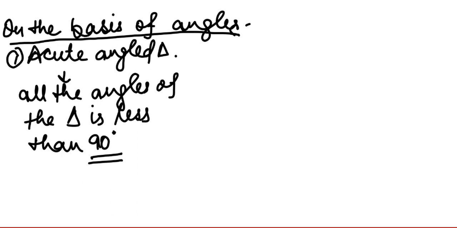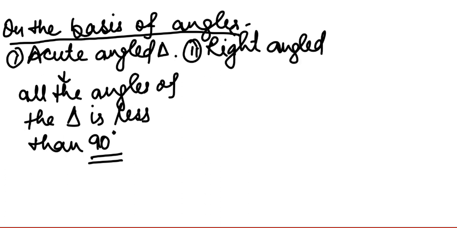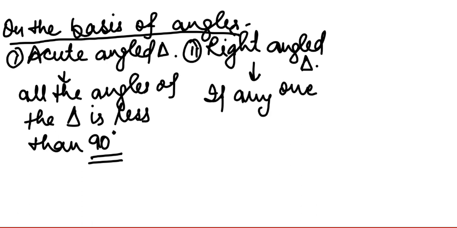Okay. Now the second type is right angled triangle. Now students, what happens in a right angled triangle? If any one angle is 90 degrees, then the triangle so formed is known as a right angled triangle.